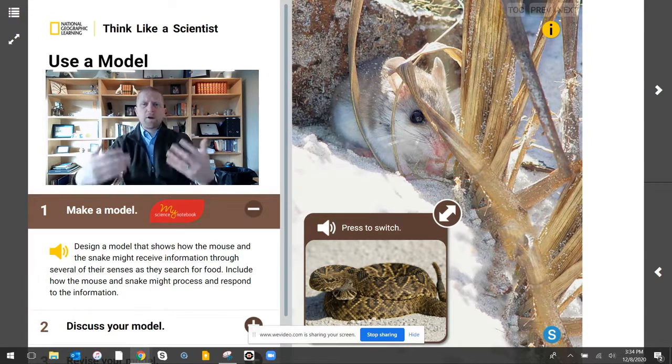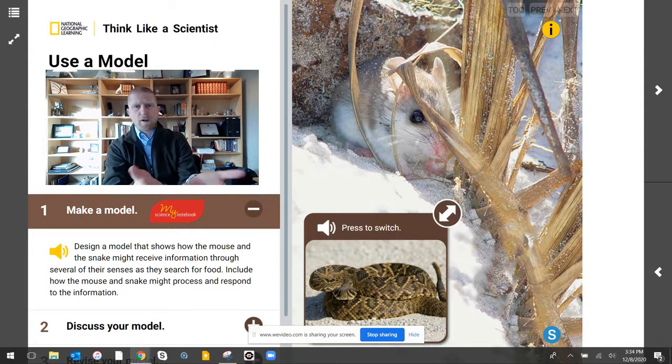So start to think about the things that you know about mice and snakes. If we look at this image here and we can see this mouse right in front of us, what are things that we notice about this particular mouse? Yeah, one of the things I notice is the mouse is in the shade.